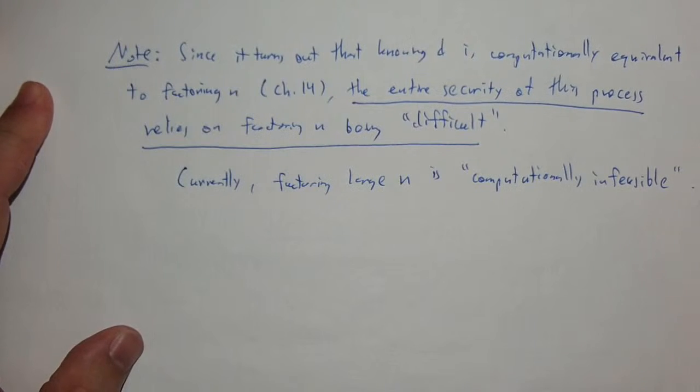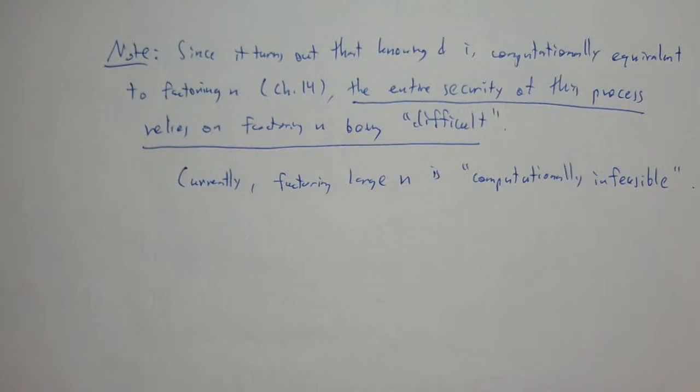Okay. So some alarm bells might be ringing in your head where you ask, what does that mean? Because I didn't say that it's impossible. I didn't say that it would be guaranteed to take too long to do. It's just that right now it's currently computationally infeasible. What this means is that it takes a ridiculously long time given current computational abilities, right?